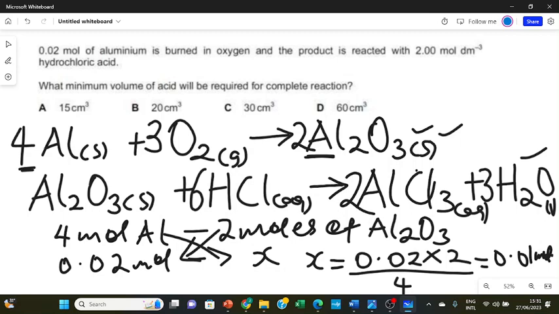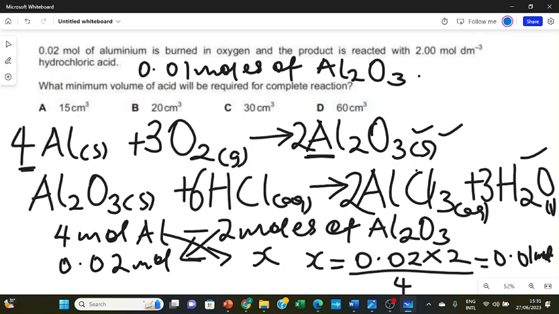So we'll have 0.01 moles of aluminum oxide, Al2O3, which is the product.